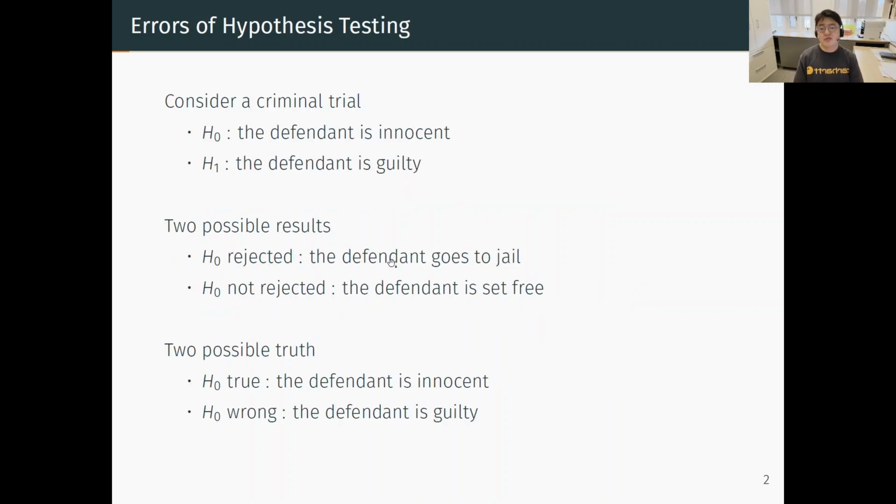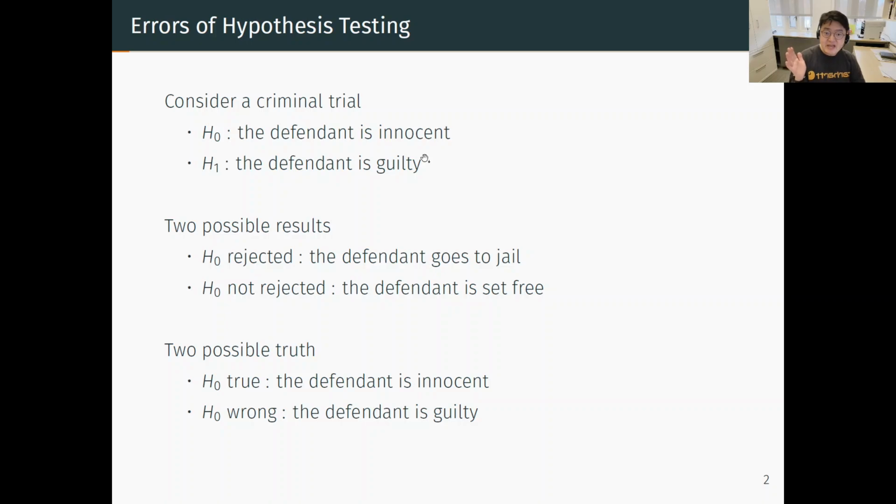Okay, let me start with the basic setup. I started chapter 9 with the presumption of innocence, right? So let's start from there again. Suppose that a person was charged with a crime and brought to a criminal trial. The null hypothesis is that the defendant, the person who is charged, is innocent.